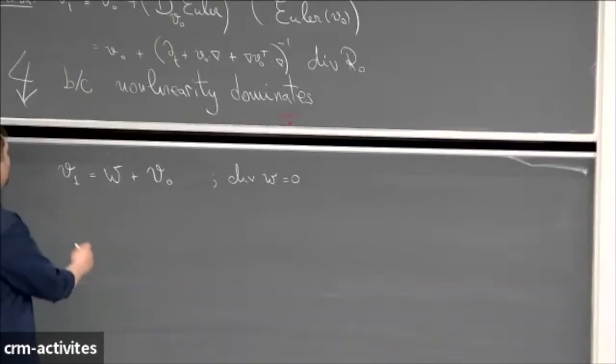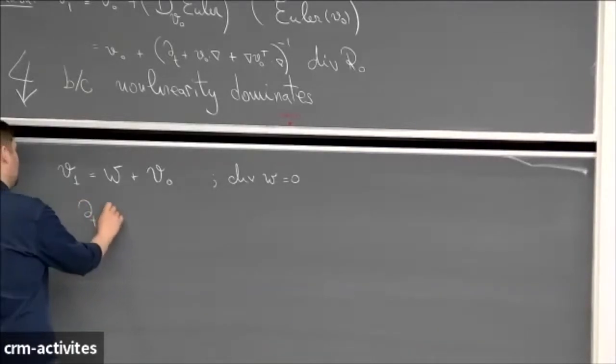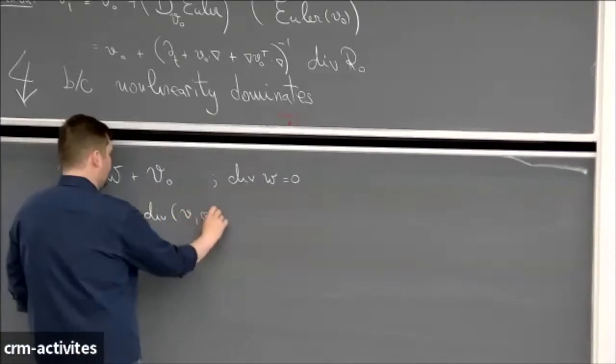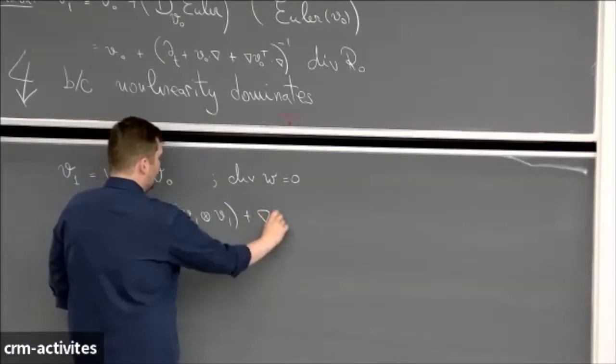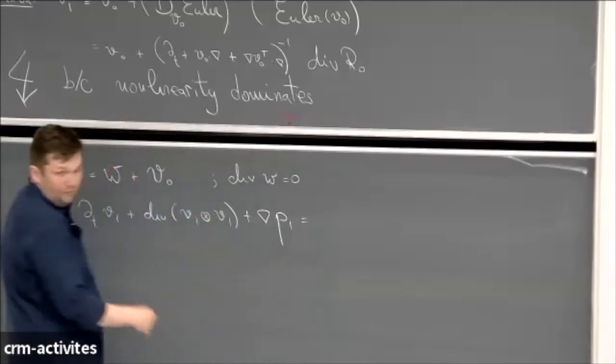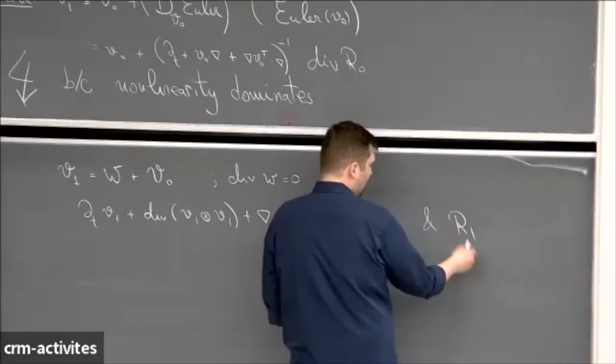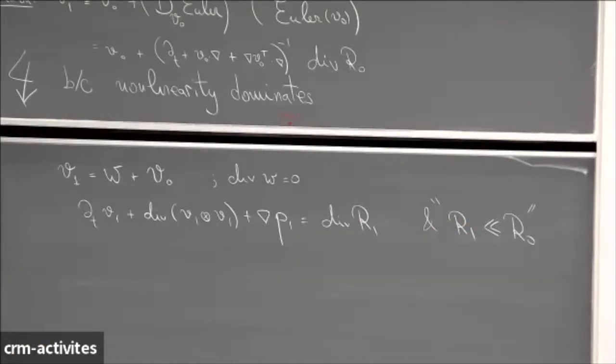What would this mean? It means that if you write dt V1 plus the divergence of V1 tensor V1 plus the gradient of P1, you've made a new error. The hope is, of course, that the error you've made now is smaller than the error you've made before, in some norm, a natural thing.